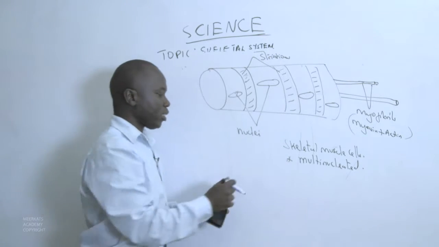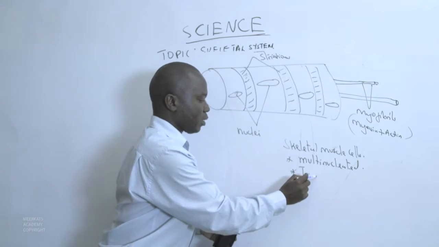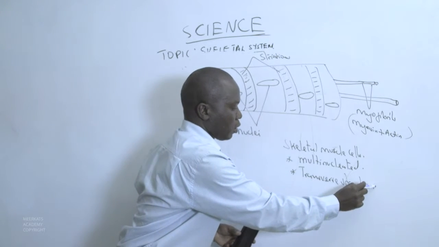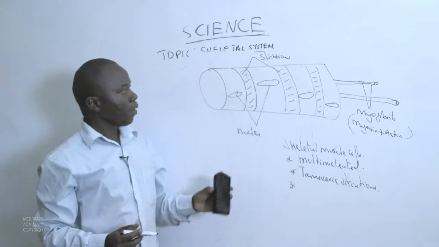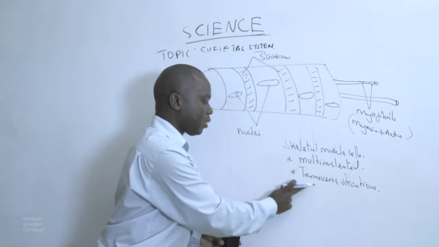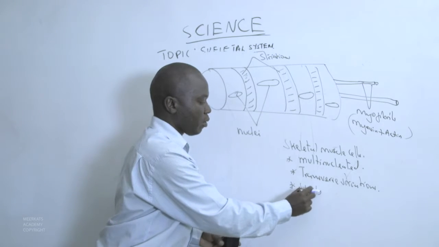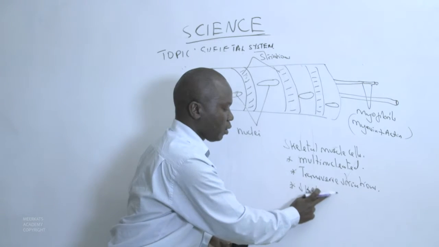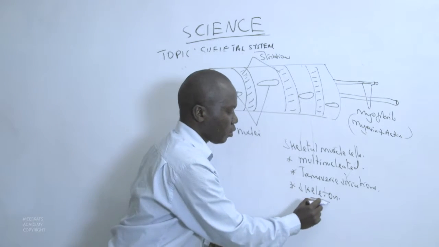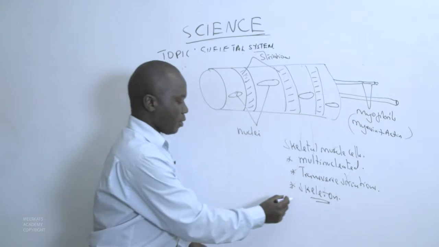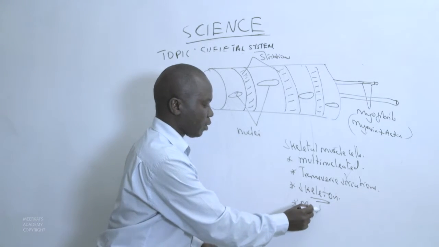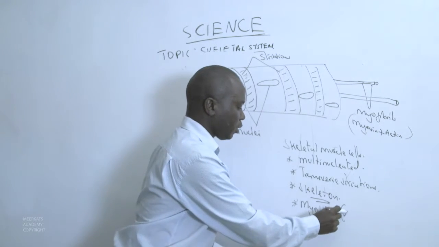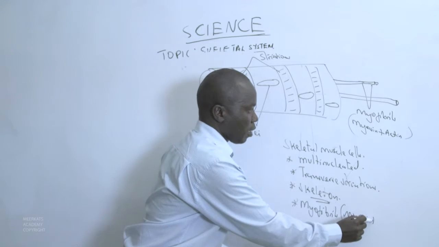And then it has transverse striations. And where it is located, we have already said, it's found covering the skeleton. And it is made up of myofibrils. These myofibrils, we have said, consist of myosin and actin.